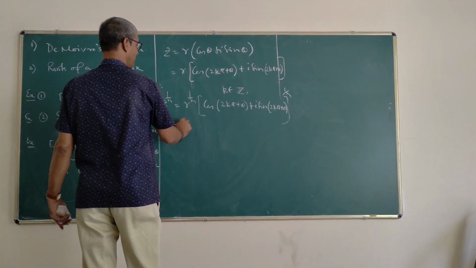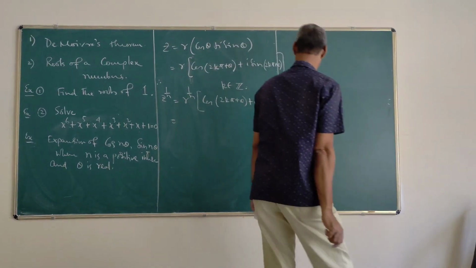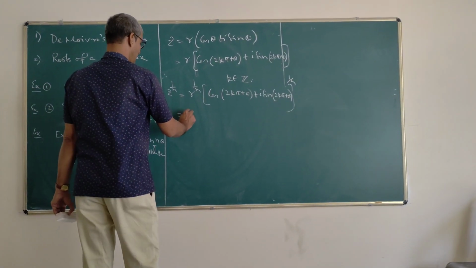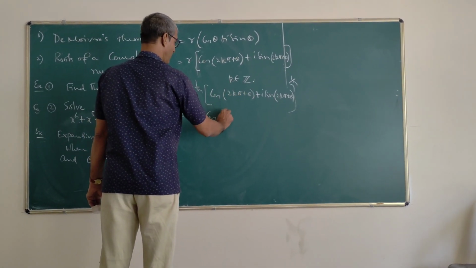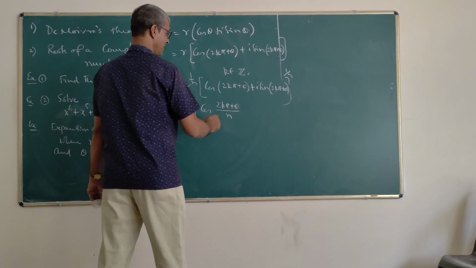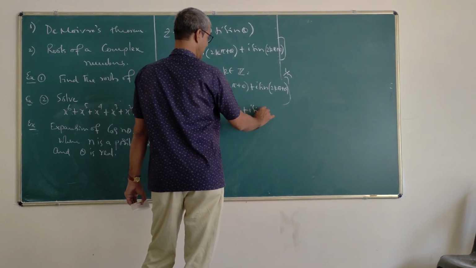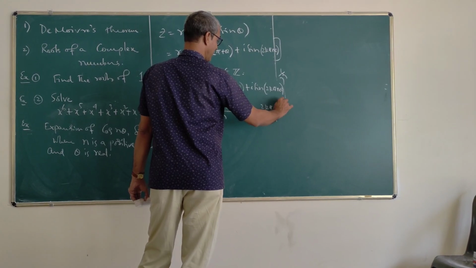Then it can be written, using De Moivre's theorem, as r to the power 1 by n (cos ((2k pi plus theta) by n) plus i sin ((2k pi plus theta) by n)).